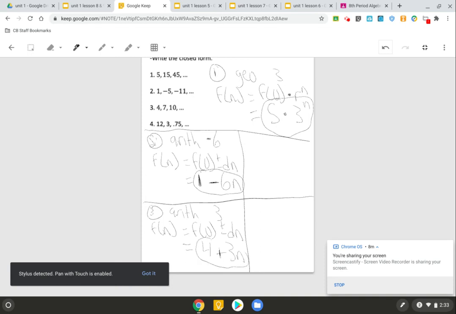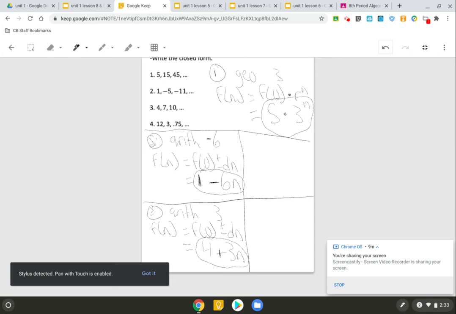So my closed form is 4 plus 3n. Okay, and just like with the geometric examples, I could plug any number in for n. If I wanted the 1000th term, I could plug in 1000 for n and calculate the answer.